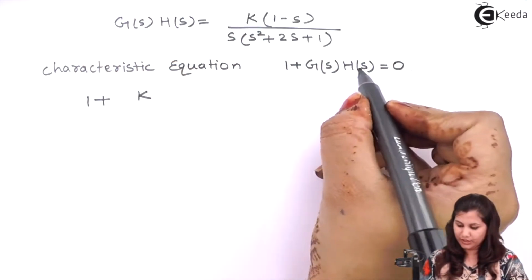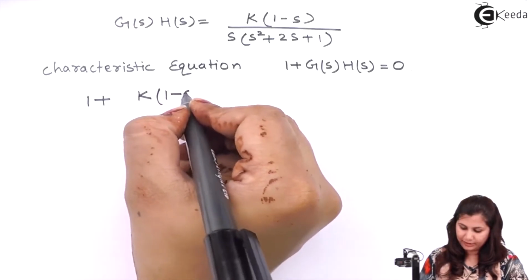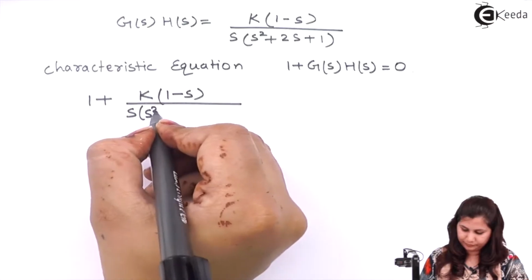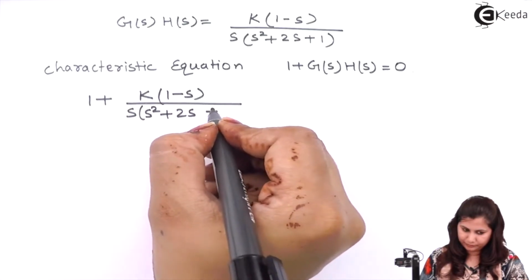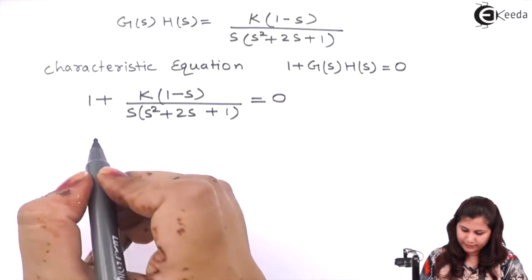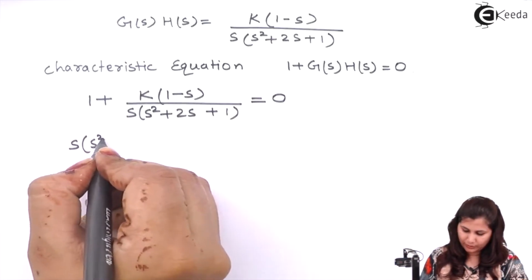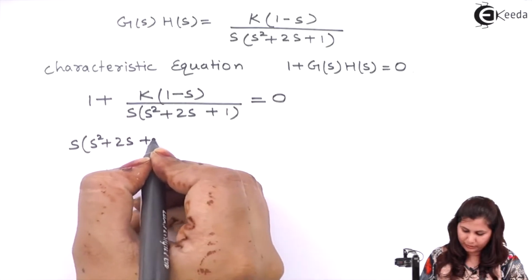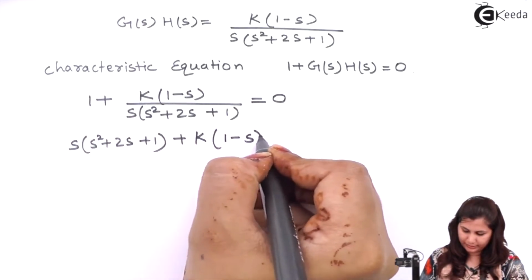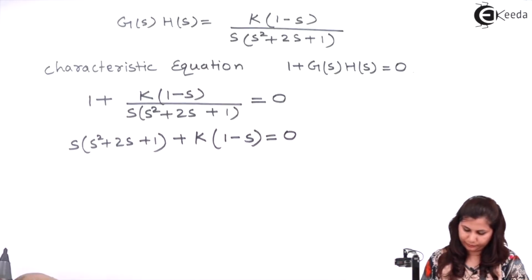Substituting the value of G(s)H(s) here, we will have K(1 minus s) upon s square plus 2s plus 1. Solve this, we will have s square plus 2s plus 1 plus K into (1 minus s) equals 0.